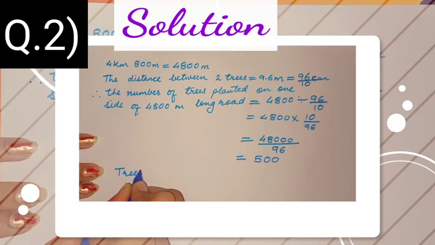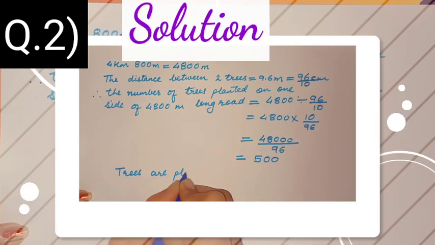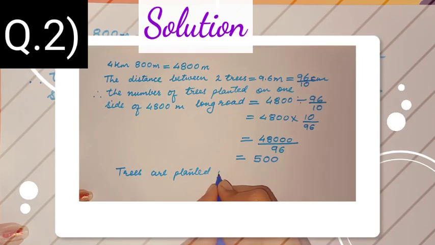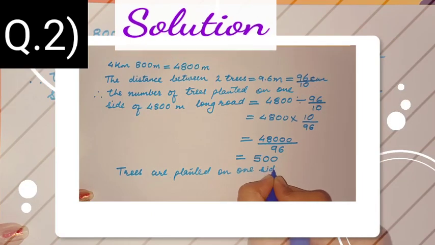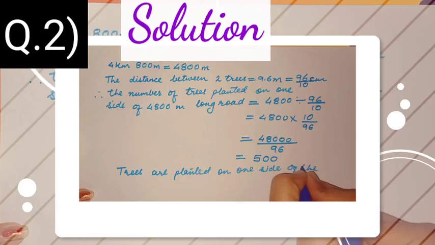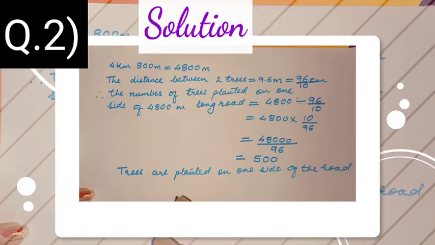Trees are planted on one side of the road. How much will it be?